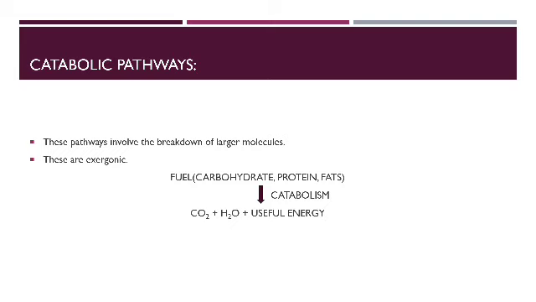The energy is utilized in the organism to perform the activities they are performing, and they are exergonic. That means they release energy while doing the process. This process is known as catabolism.